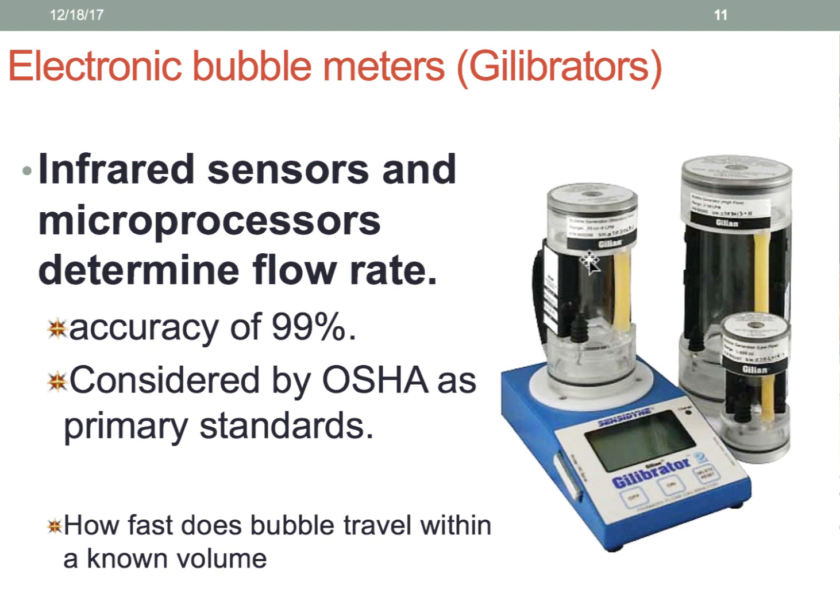So this is the same type of primary standard, but instead of using volumetric displacement, it uses infrared sensors to measure how fast that bubble is traveling within a tube. The common name for these is a calibrator. There's also other bubble meters.